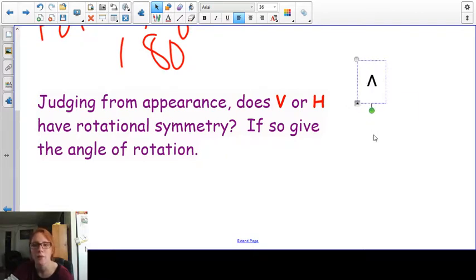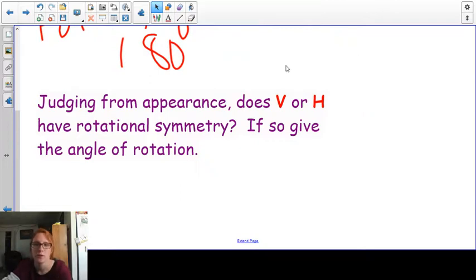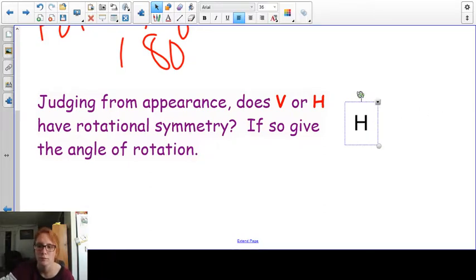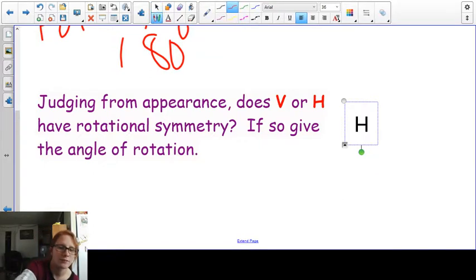And when I deal with rotational symmetry, I can't go more than 180 degrees. Well, I'm at my 180 degree mark, so it can't be V. But what about the big capital H? Can I spin him? Well, it's 90. Oh, hey, look, it's H upside down, but it's still H. So my H does, at 180 degrees again.